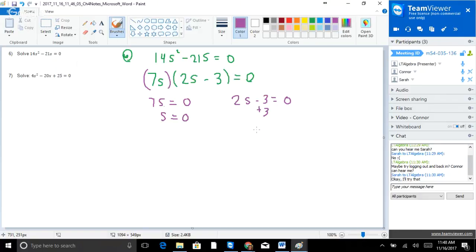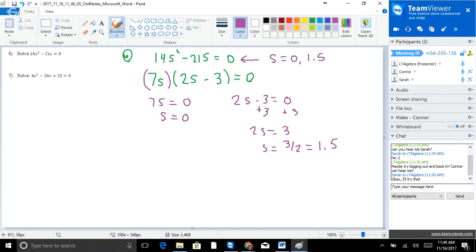We get 2s equals positive 3, or s equals 3 over 2, which is the same as 1.5. So the two solutions to my quadratic are s equals 0 or 1.5.